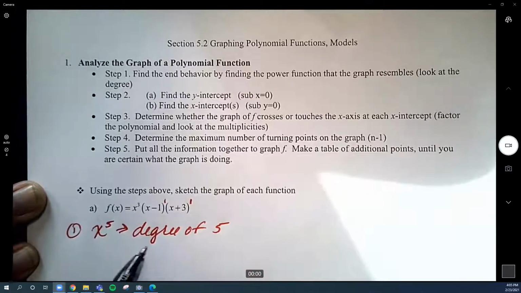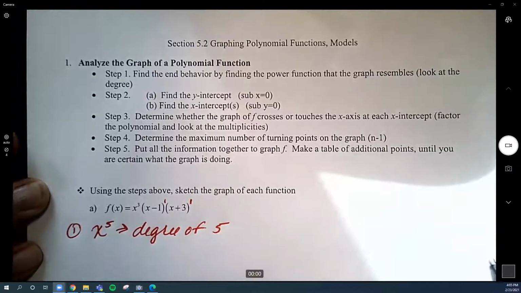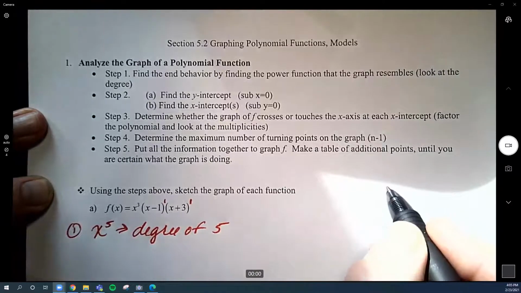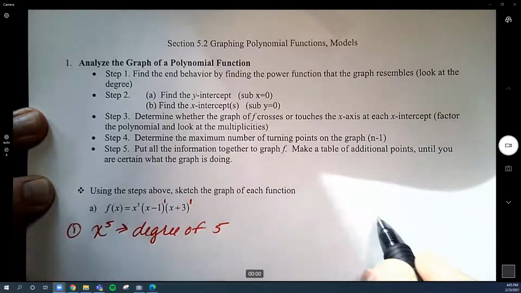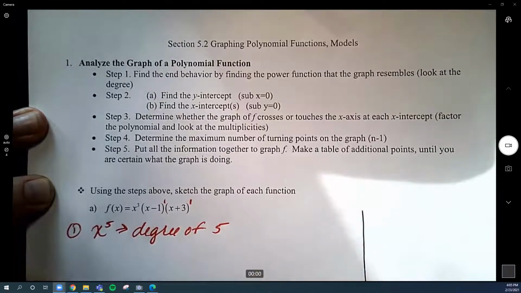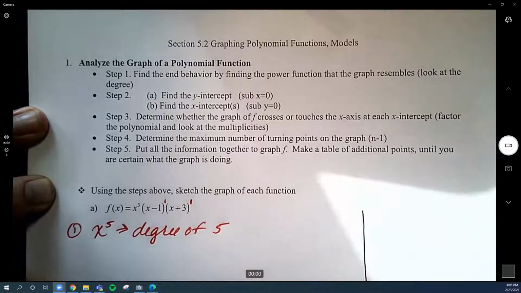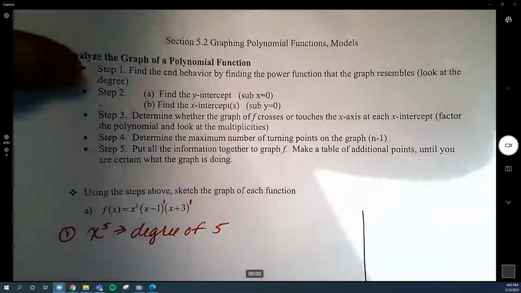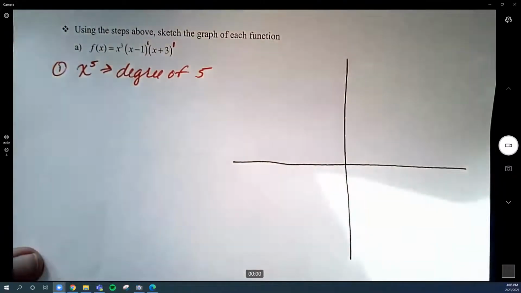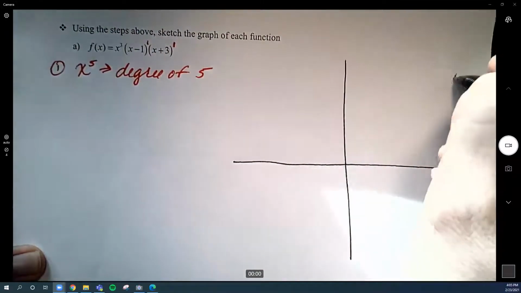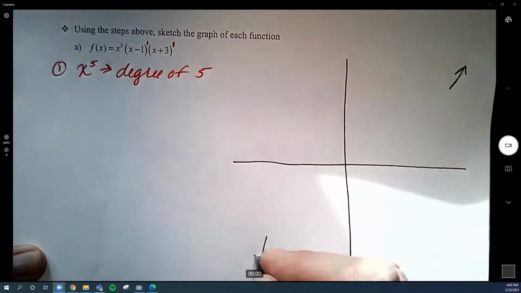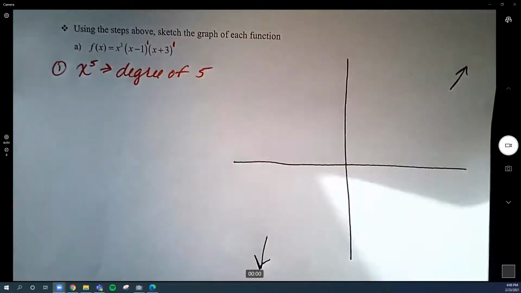When it has a degree of 5, that means the graph is going to have the end behavior of an odd exponent. If you recall from the previous section, an odd function is going to have the end behavior of something that looks like this.